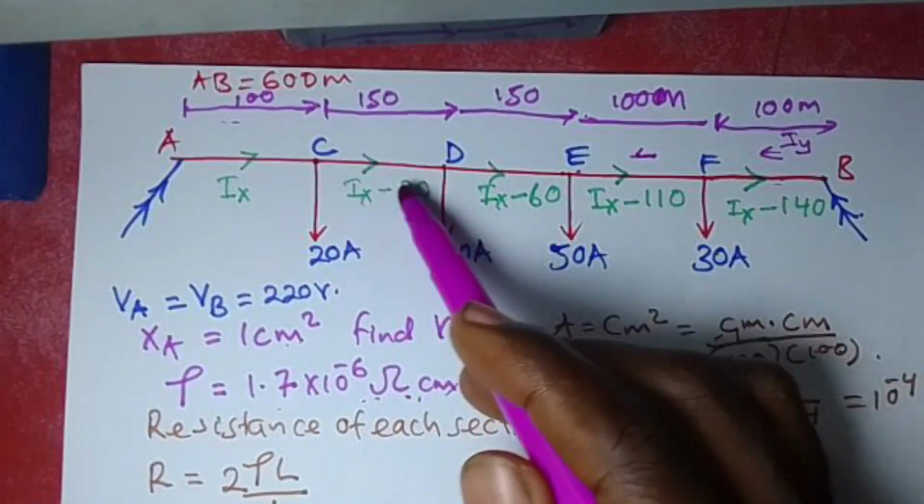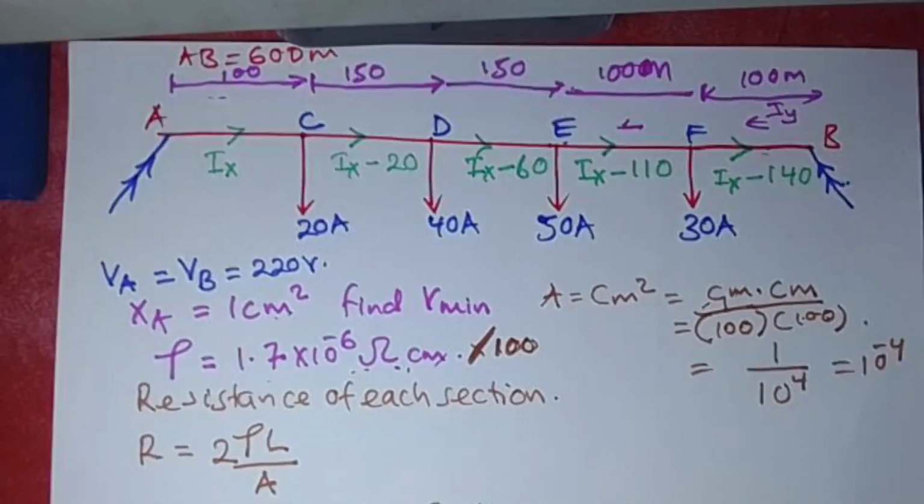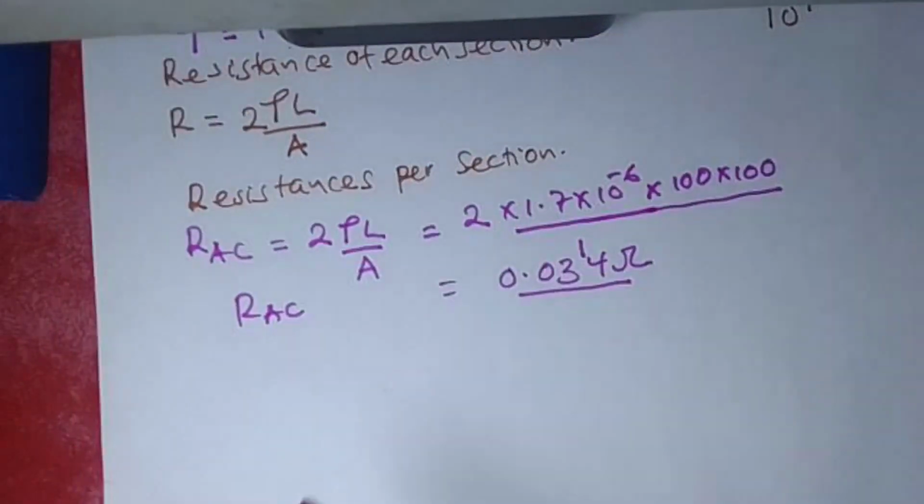Then you keep on doing the same thing, but towards the opposite direction. You just have to keep on following the same rules. I hope that is answered. So let us proceed and calculate for the resistances across the remaining sections.